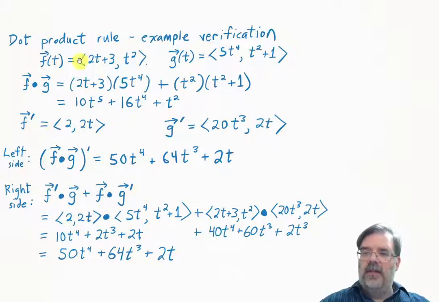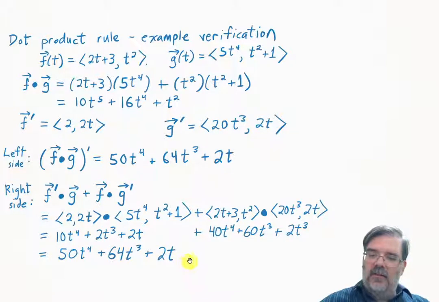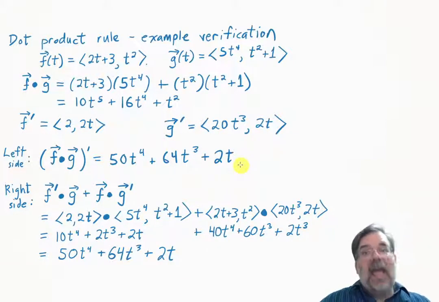And so we have all the ingredients. Here's f prime, here's g, and here's g prime. So we can calculate those dot products like so, and then add together the results. I won't bore you by reading them all, but you can pause the video if you want and check the algebra. You'll find that the result you get is exactly the same as here, as expected. Mathematics is consistent.